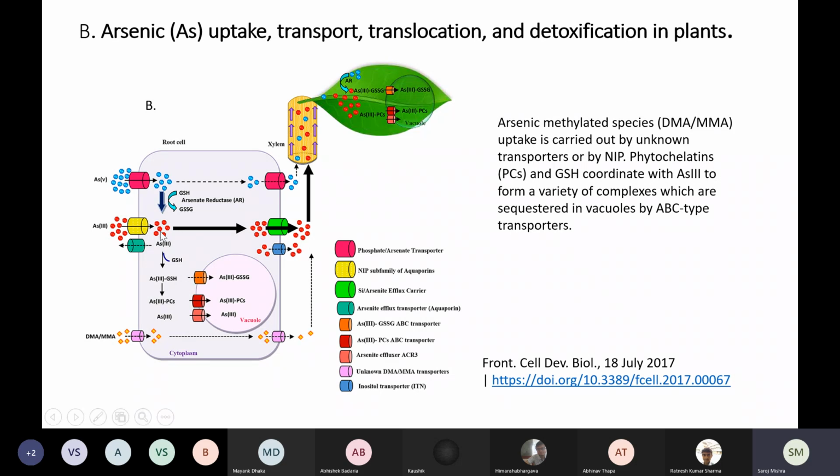Both the trivalent form as well as the pentavalent form have specific efflux pumps which you see here, which could be the same as the phosphate arsenate transporter, or the green one, which is a silicon arsenite efflux carrier, or the blue one, which is an inositol transporter. Or there is an unknown one, which is actually an arsenic methylated transporter which can also take up the methylated form of arsenic. All of these will be able to pump it out of the root cell into the xylem.